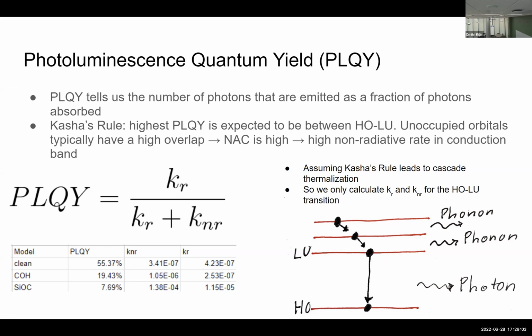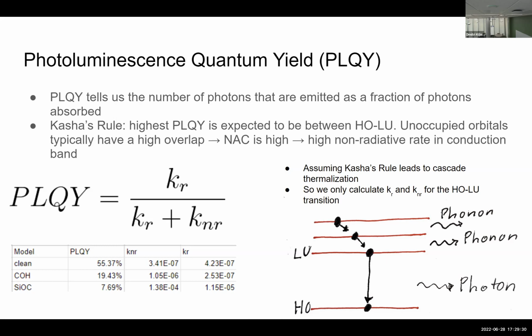The big assumption that we make when calculating this is called Kasha's rule, which is explained down in the bottom corner. We assume that if an electron goes to a very high excited state far above the LUMO, it will descend to the LUMO state just releasing phonons, so non-radiatively.